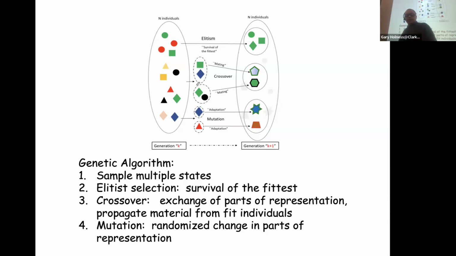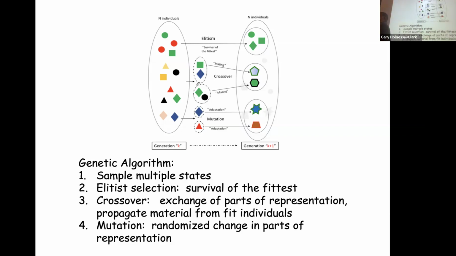And then from that sample of states, you're going to perform their evaluative measure. And then you're going to have a round of so-called survival of the fittest. You're going to select some population where you define the size of the population of this notion of the best states. Okay. And then after that, you take individual states from your population, and you're going to perform crossover.